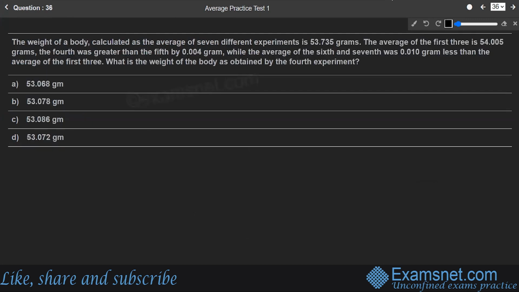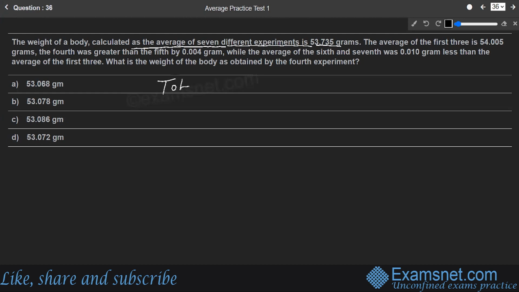Now, the weight of a body calculated as the average of 7 different experiments is 53.735 grams. What is it saying? That the weight of a body was measured 7 consecutive times, and the average of those 7 experiments came out to be 53.735. From the average, we are supposed to calculate the total first.